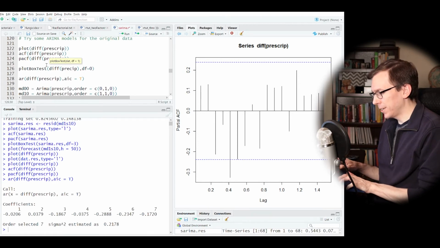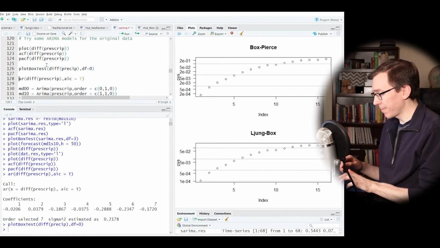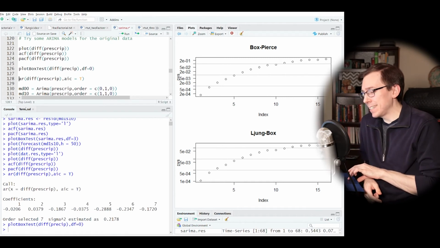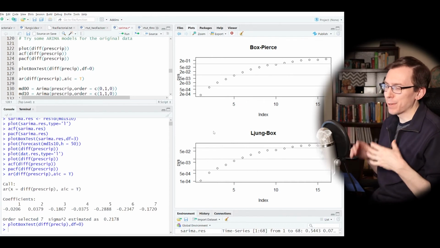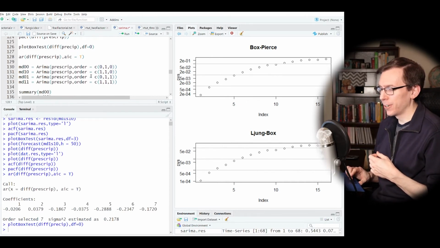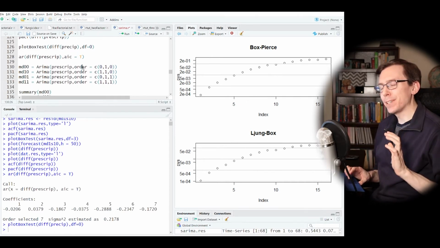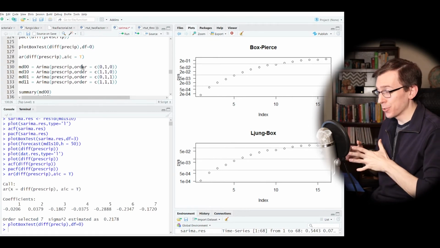Hopefully my code handles that. It does. Excellent. And we actually see very significant p-values for small lags. They eventually go away, but that again indicates that we probably don't have a stationary process, or we probably don't have uncorrelated residuals here.